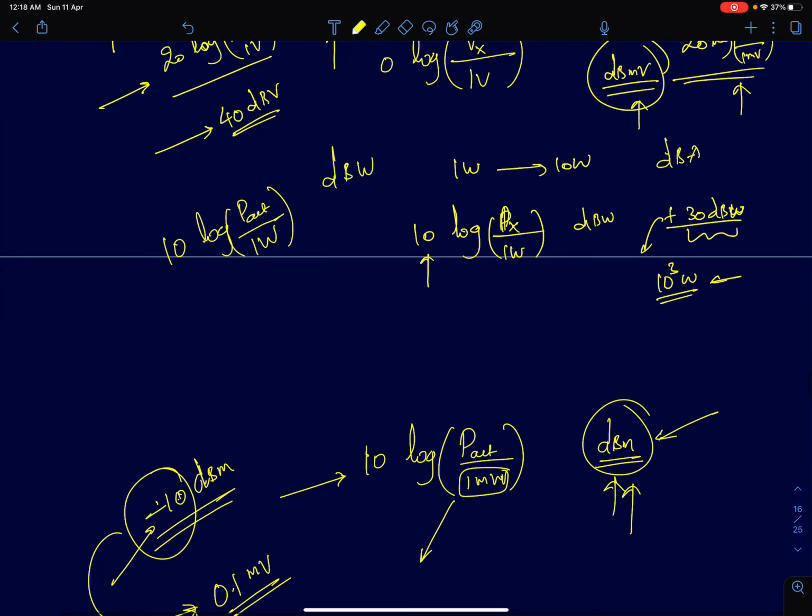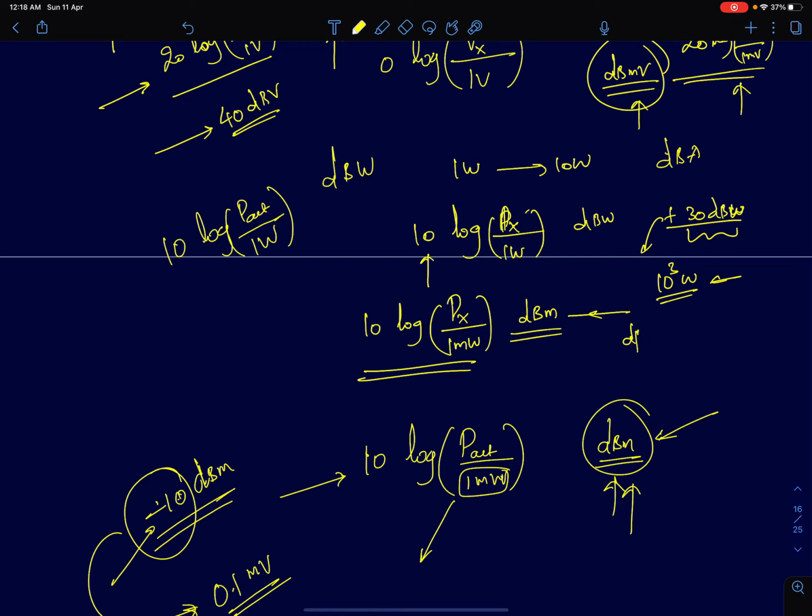Similarly, we can use the same definition for smaller power numbers, which is more popular in cellular systems, called dBm. Instead of 10 log of power normalized to 1 watt, we normalize it with 1 milliwatt and express this unit as dBm. Similarly, if I want to compare with 1 microwatt, then I'll use dB mu, power expressed with respect to microwatts.